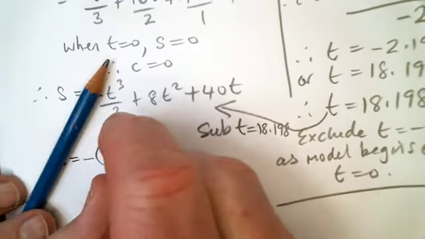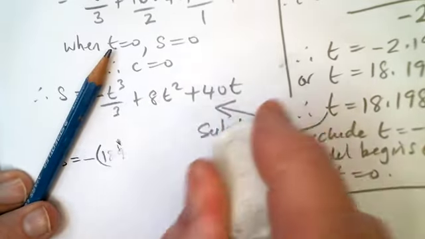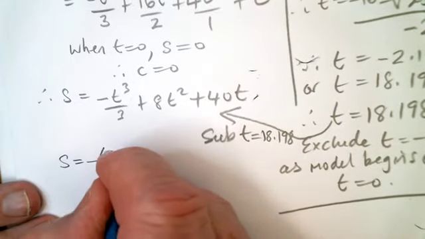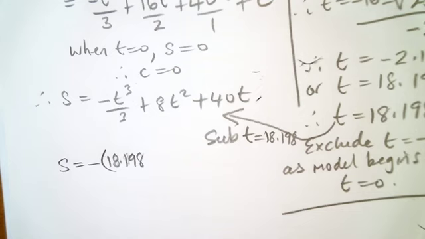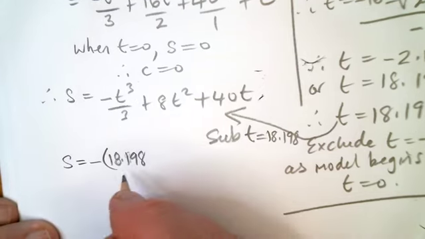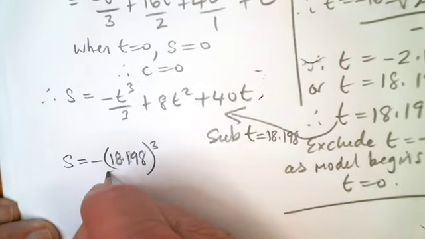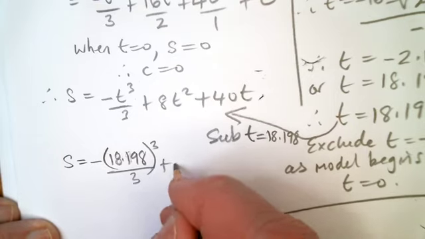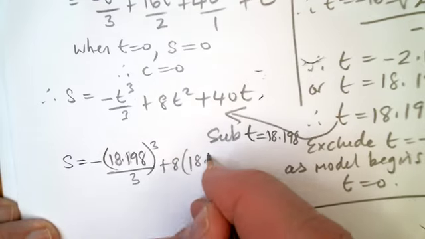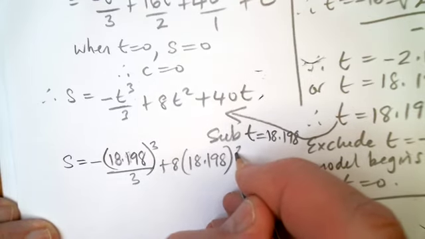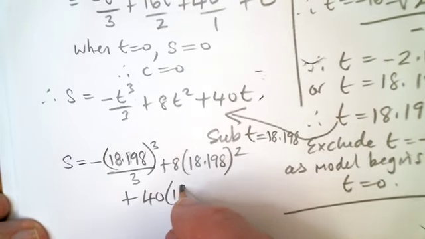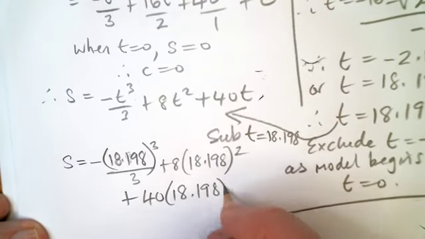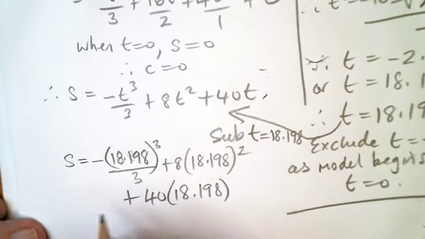See, I'm getting it wrong even just writing it in, let alone doing the calculation. 18.198, cubed on 3, plus 8 times 18.198. Really what you're doing here is showing the examiner you understand the process and what you would have gone through to find this final answer.